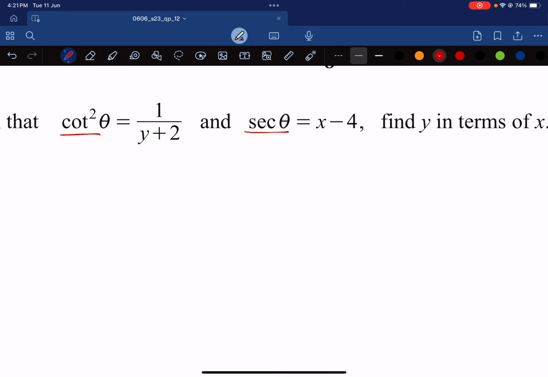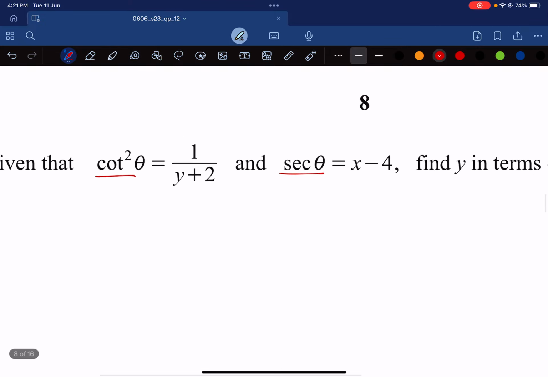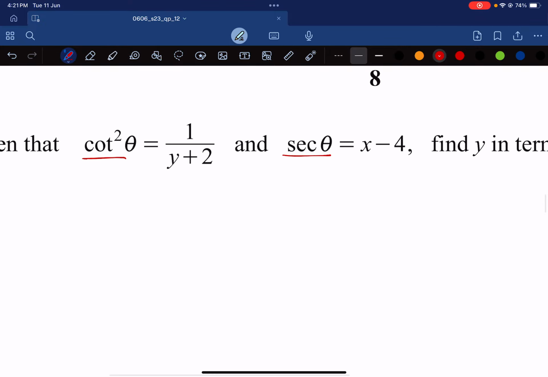By replacing one of them using some trigonometry identities. So cotangent and secant don't have direct connection, but secant squared and tangent squared has connection, right?